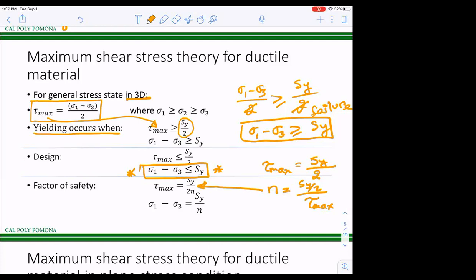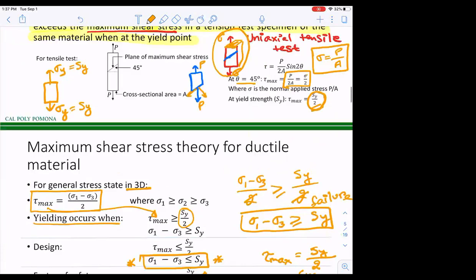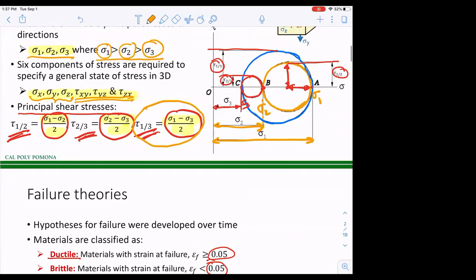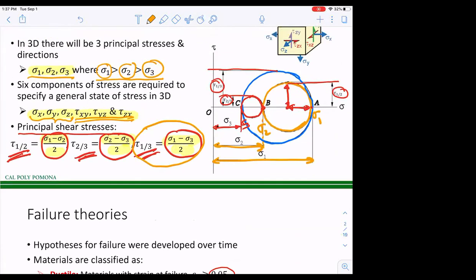Hey, Professor. Yes. When you go to your Mohr circle again, there's a bunch of smaller circles. Yeah, but we are interested only in the maximum shear stress. Which circle has the maximum radius? That's the one between 1 and 3.